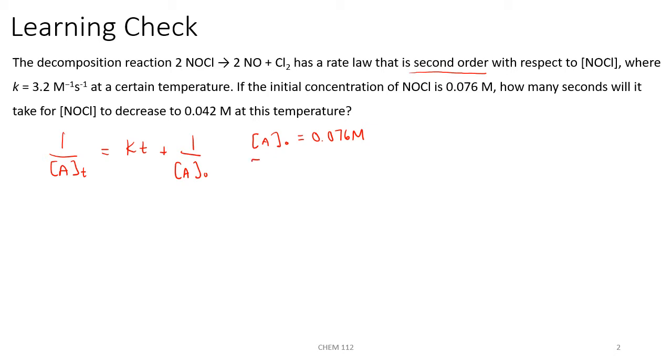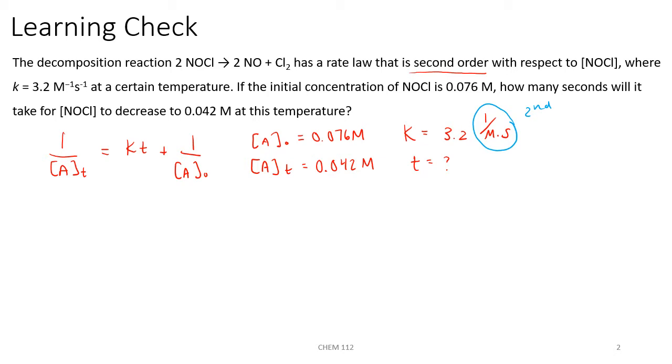We know our concentration after some time has passed, A sub T, is 0.042 molar. We also know that our rate law constant K is 3.2 1 over molarity times seconds. The units here also match for a second order integrated rate law. We're trying to figure out what the time, or lowercase t, is.